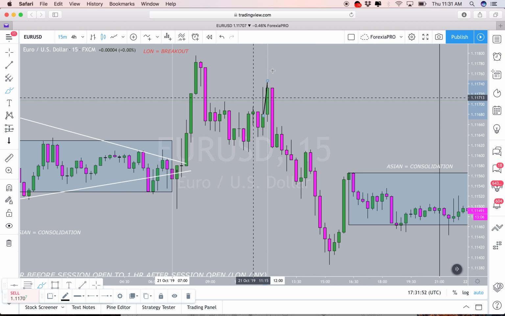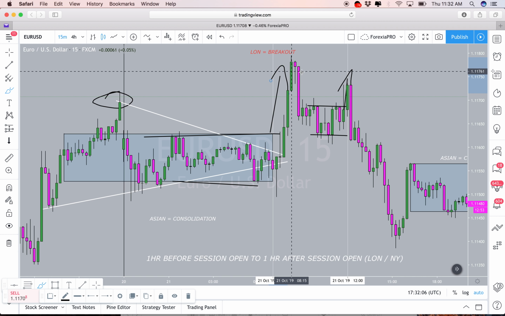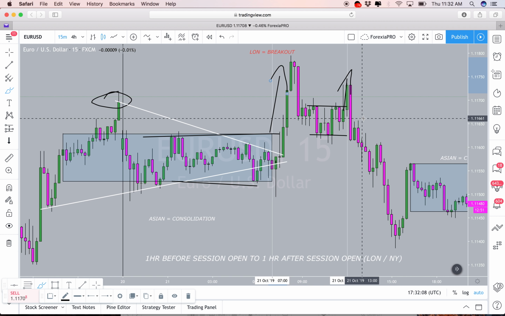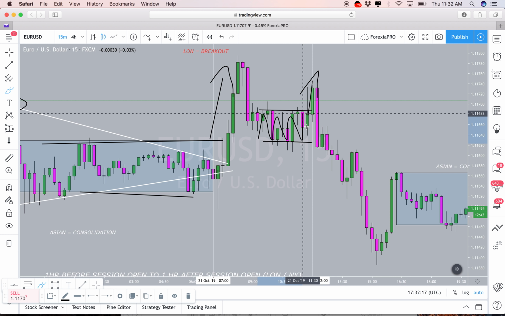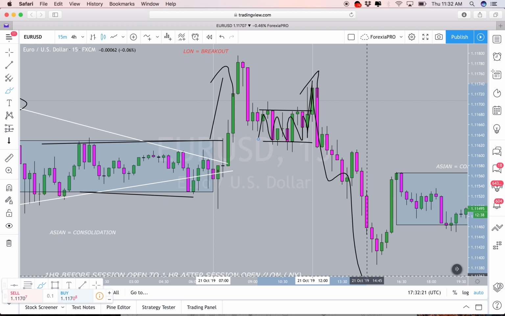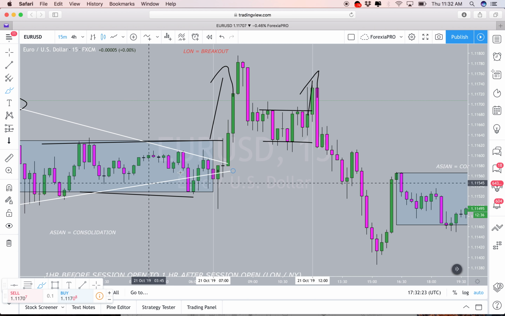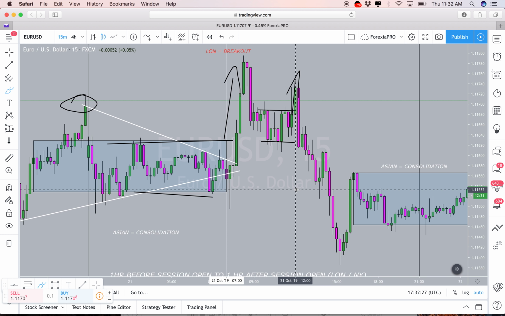They consolidate here, break out, right? Consolidate, induce, break out, reverse. And then microcosm, the same thing over. Consolidate, tight range, breakout New York session, reverse. Consolidate, tight range, signature trade, breakout London session, reverse.